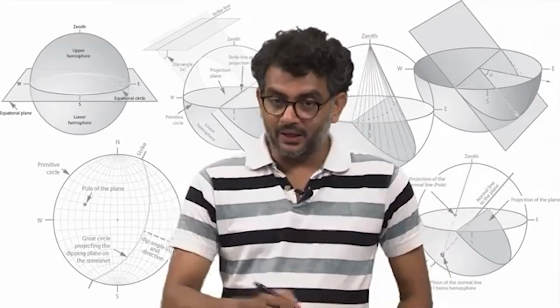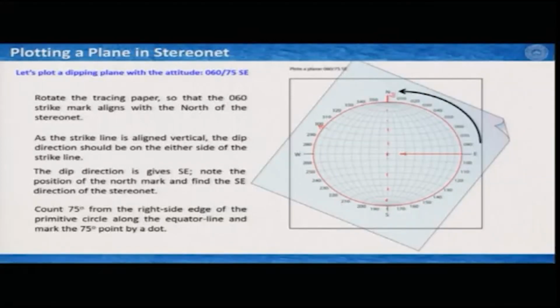So, now I have rotated my stereo net, and with this arrowhead here I know that this is my north. If this is north, then this is my south, this would be west, and then this would be east. If this is so and the bed is dipping on the southeast side, so it must dip in this direction.